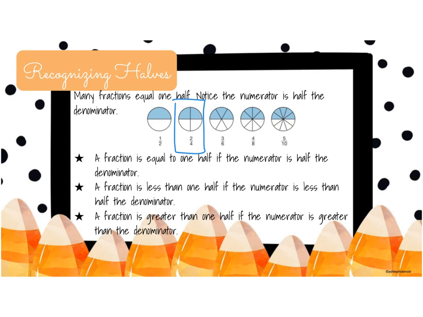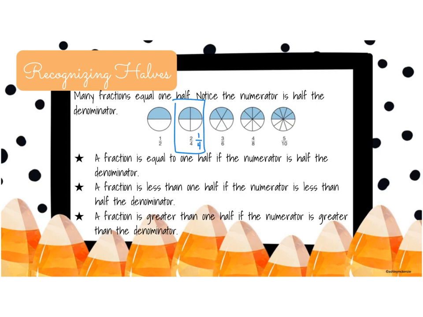Yeah, that's what it's showing. If my fraction is this, now my numerator is less than half of the denominator. Are y'all understanding what I'm saying? Yes. Okay, that means that a fraction is now less than a half because my numerator is less than half of the denominator. Okay? All right, next.